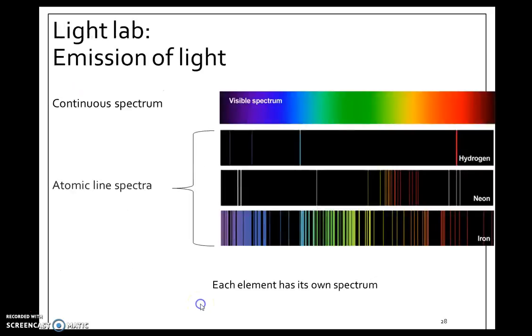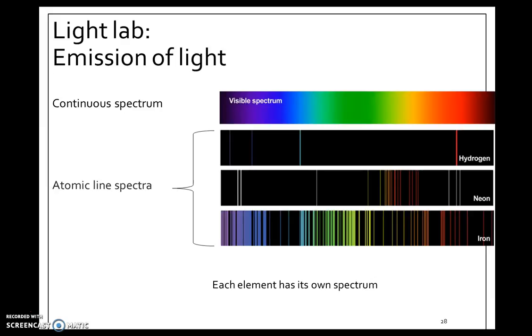And what you learned from lab is that this energy produces what we call the emission spectra or atomic line spectra.